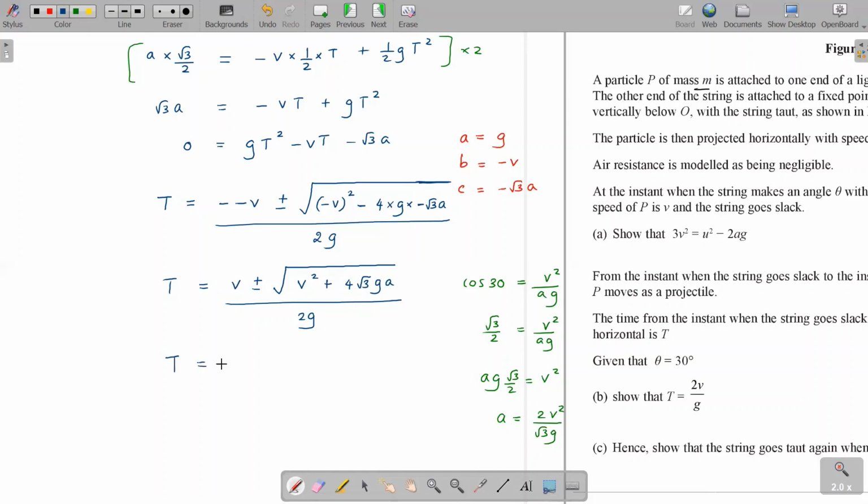So capital T equals v plus or minus square root of v square plus 4 times root 3 times g times a, which is 2v square over root 3g. Are you with me? So root 3 cancels, g cancels. Is that okay? Divide by 2g.